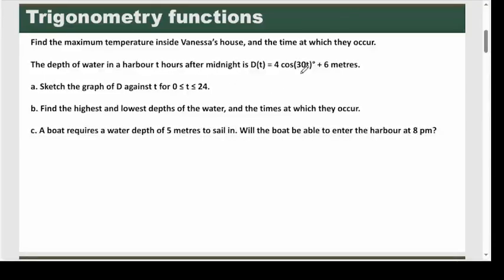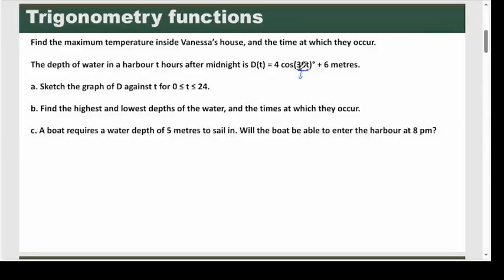First of all, let's consider this function. Here it's a cosine. We know the coefficient of t only affects my period. My period is between 0 and 360. That means every 2 pi the cosine will complete one period.